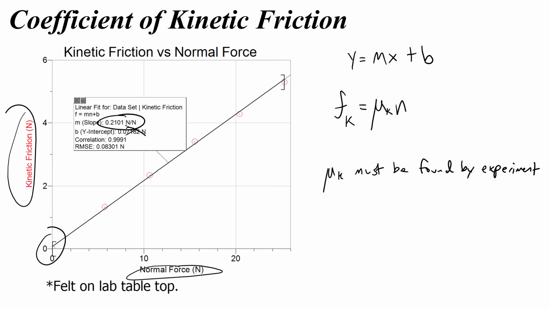Now, the other interesting thing to note about the coefficient of kinetic friction is that it is always slightly less. Mu k is always slightly less than the coefficient of static friction, which tells us about the maximum static friction. So like here, I have 0.21 for the kinetic coefficient of friction.